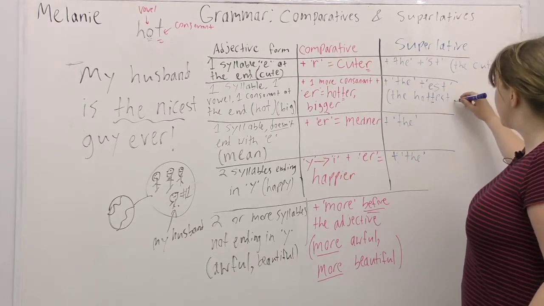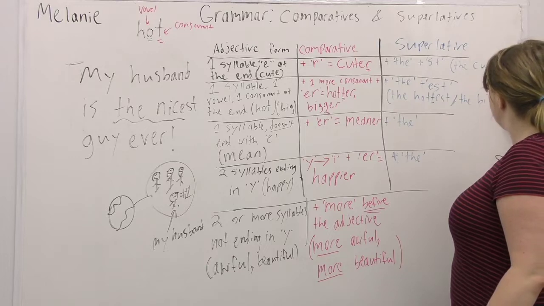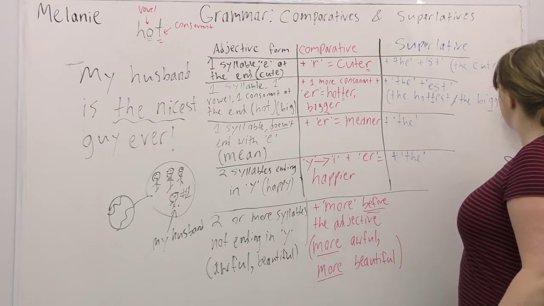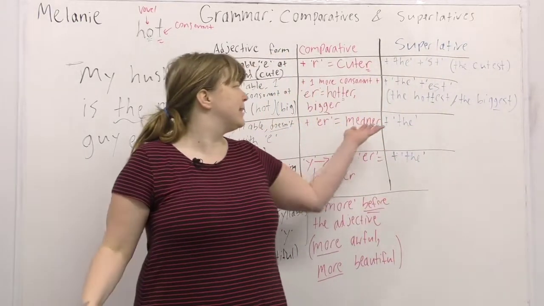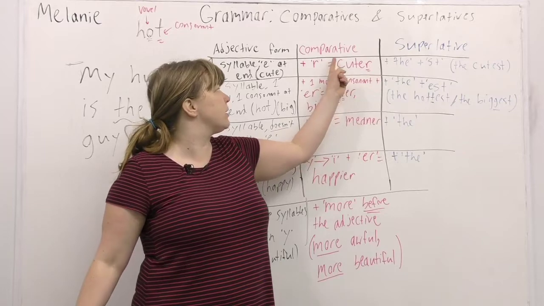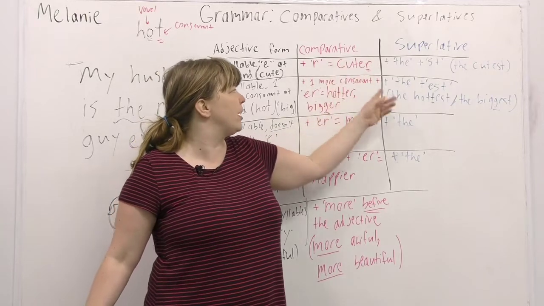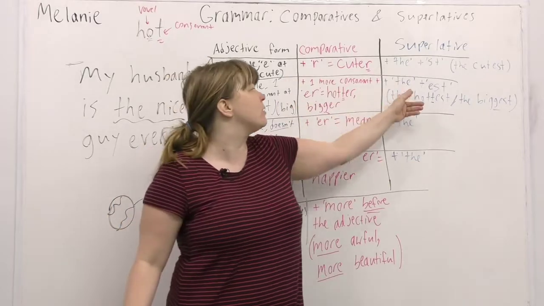Don't forget that extra T. The biggest. Don't forget the extra G. So you'll notice that the rules are quite similar to the comparative form. You're just adding a little bit of something at the end.